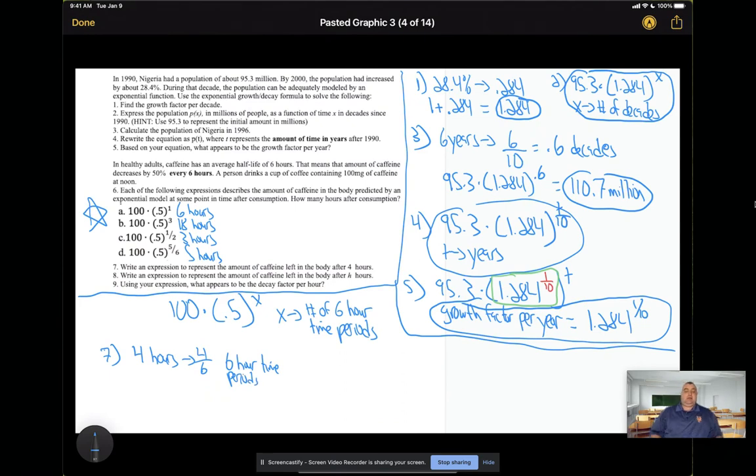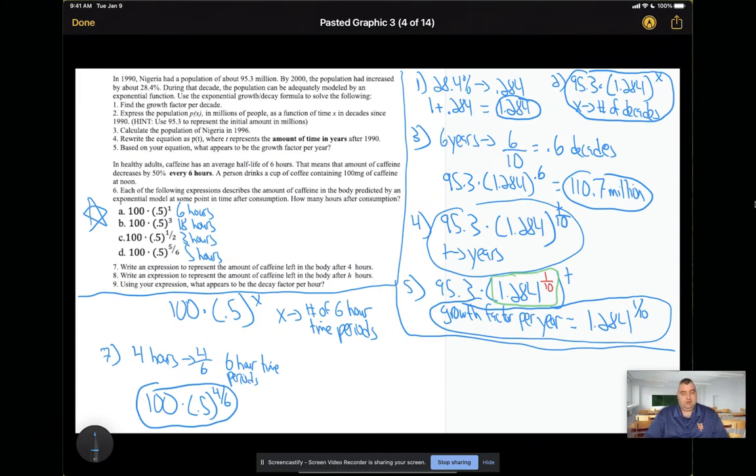Just like up here, when I had to divide the number of years by 10 to convert to decades, in this case, I have to divide the number of hours by 6. So I'm going to plug in 4/6 for x. So the expression is going to be 100 times 0.5 to the power of 4/6.